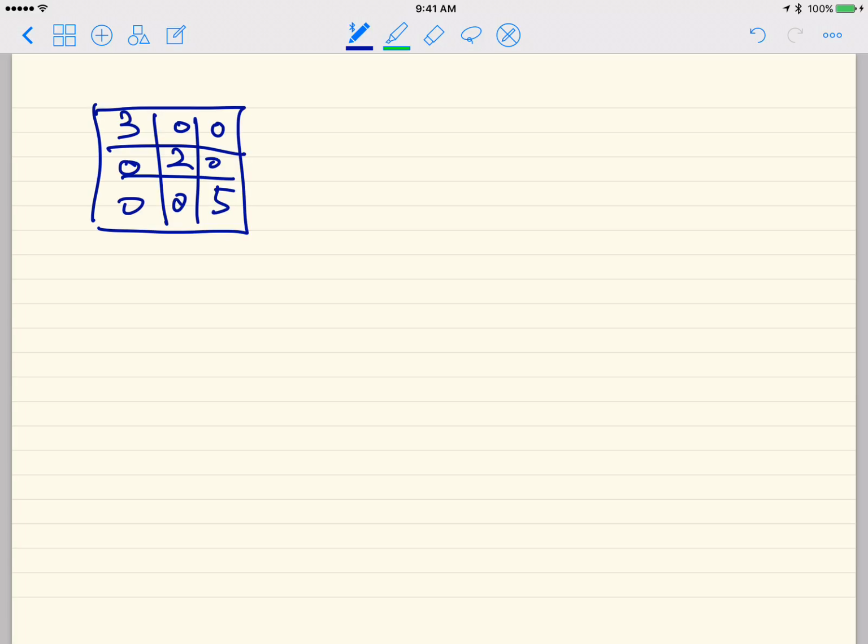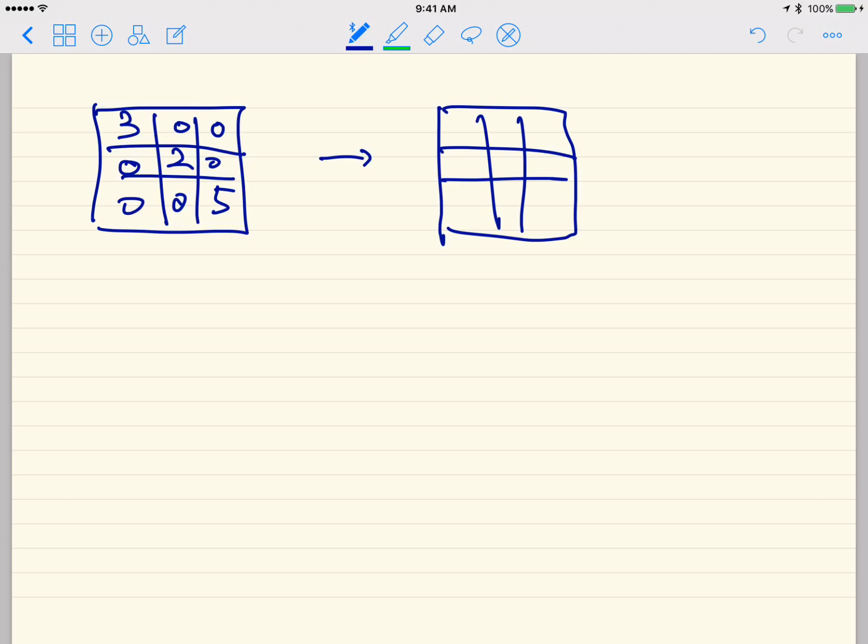So this is one example of a diagonal matrix. And the easiest example of a diagonal matrix, as a special case, is just an identity matrix, right?